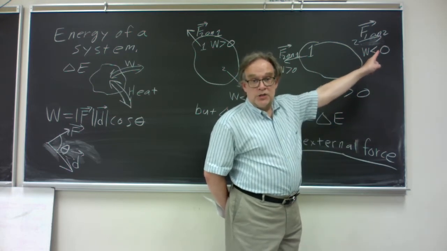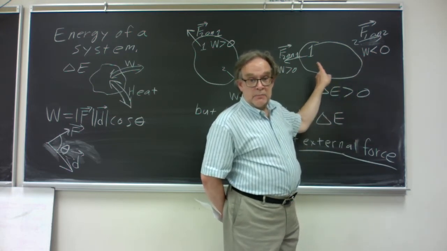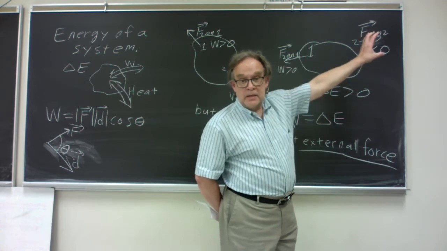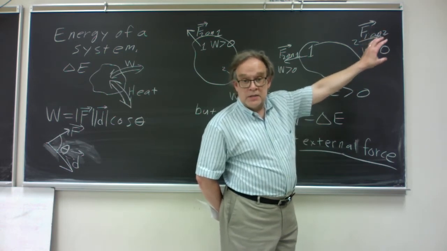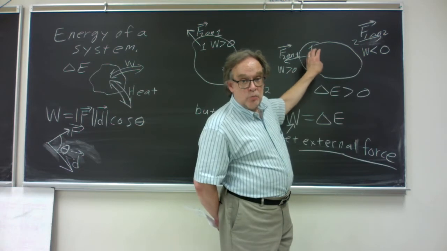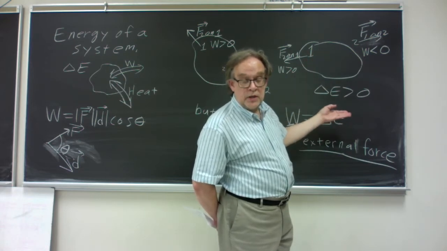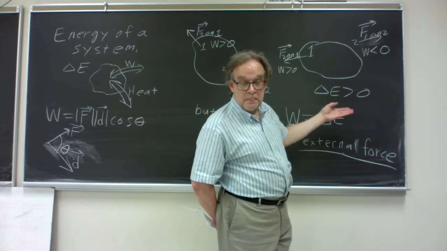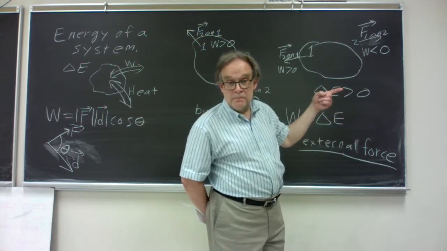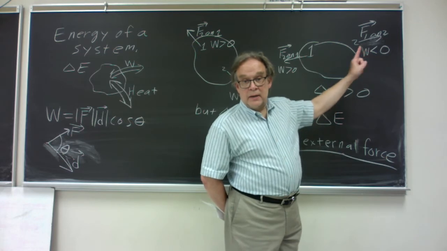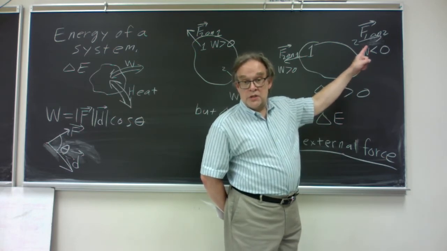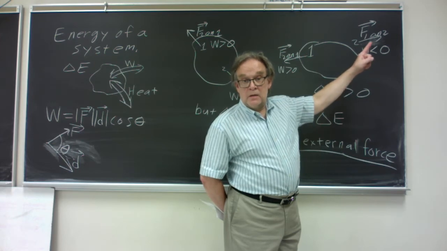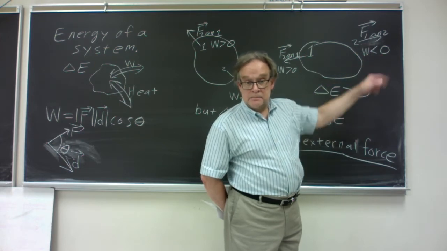So this has some energy taken away from it, and this gains that much energy. So what happened is that some energy that was outside the system has now been put inside the system, and the total energy of the system has actually increased because there was work done by an external force, right? A force that had for its source something outside the system.